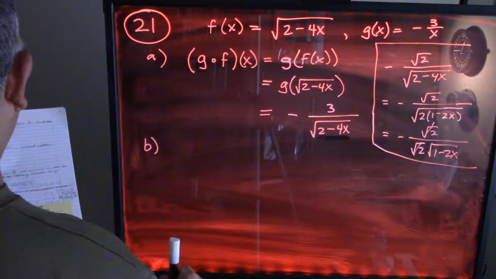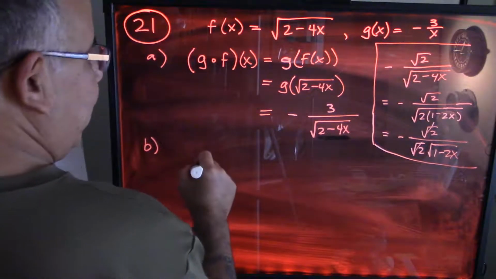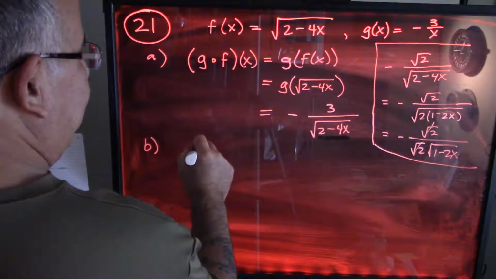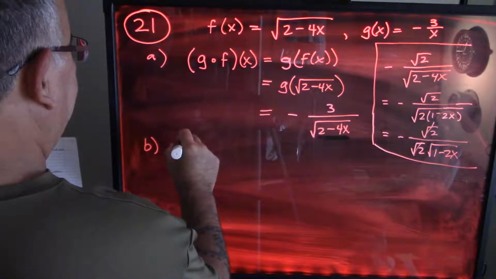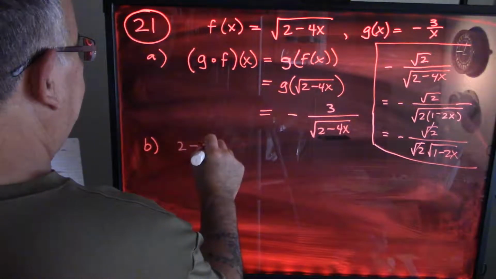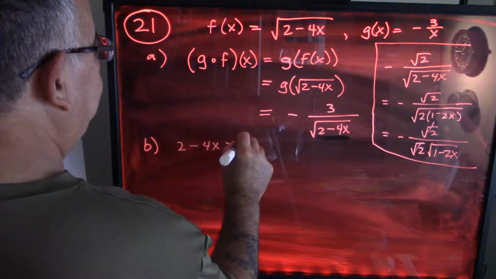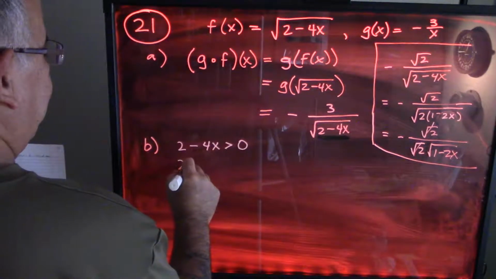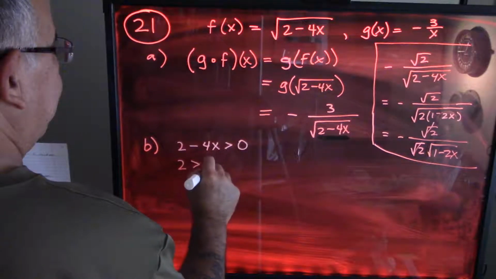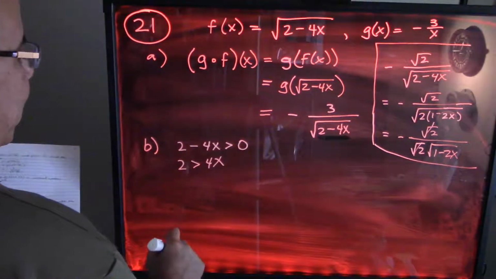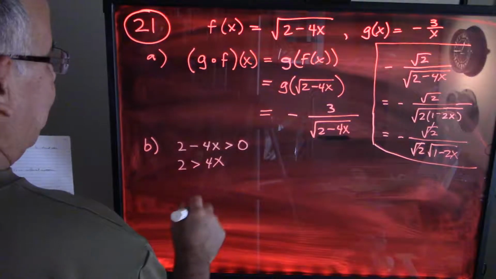Alright, so that's how we get our domain. Set the radicand greater than 0 and then solve for x. 2 minus 4x must be greater than 0. And so that means 2 is greater than 4x, adding 4x to both sides, and then dividing both sides by 4.